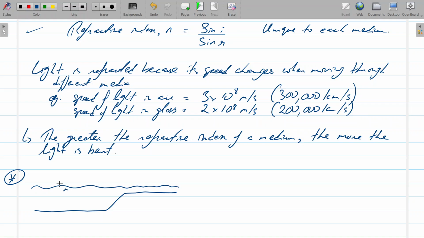So this is water, it's traveling, and this is deep, so to speak, and this is obviously shallow.